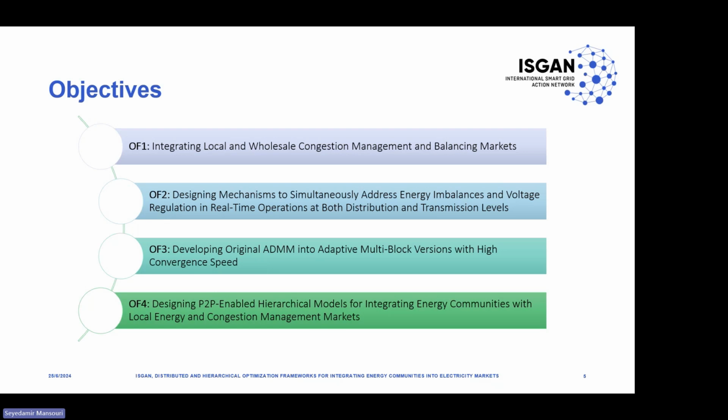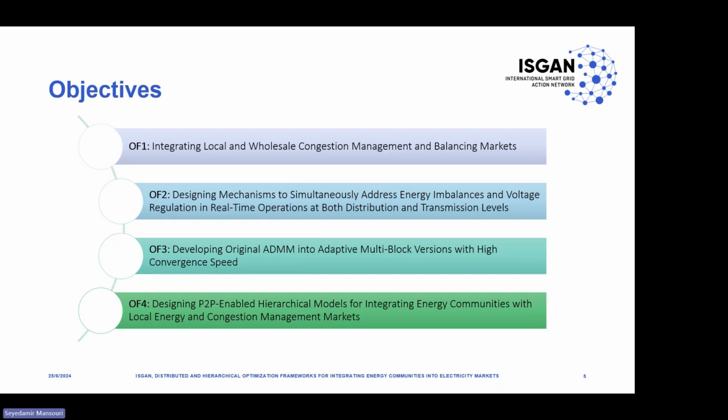The ADMM is the alternating direction method of multipliers algorithm, which is very well known for its capability for implementing distributed optimization processes, and this algorithm has a very high computational burden, and we need to make some changes in its nature to make it more compatible with our problems and to reduce its computational burden.